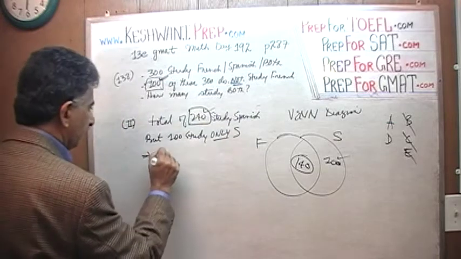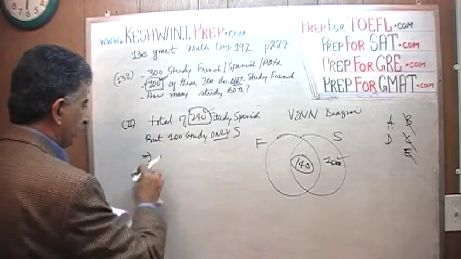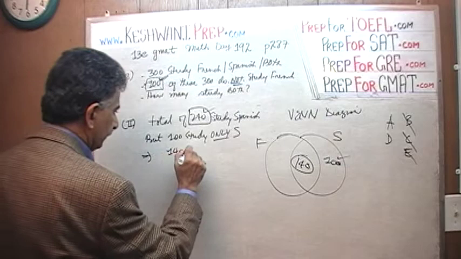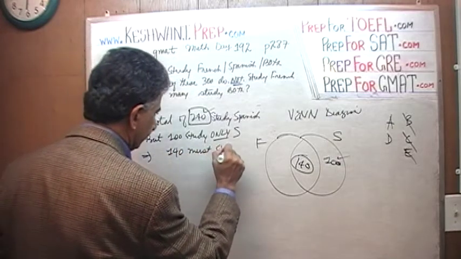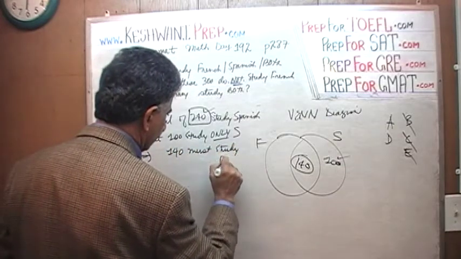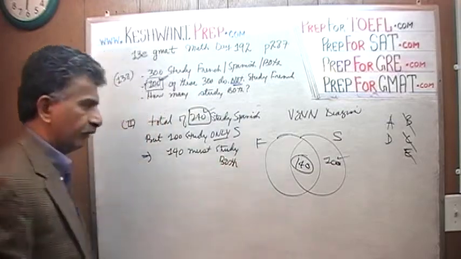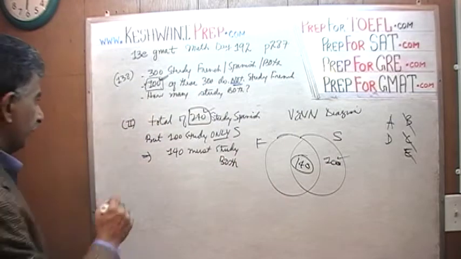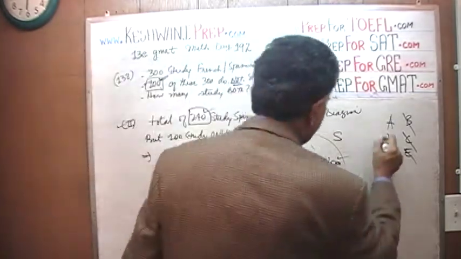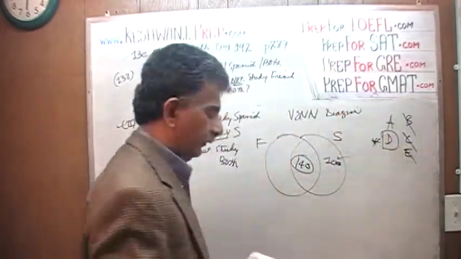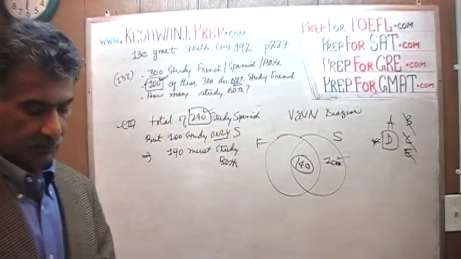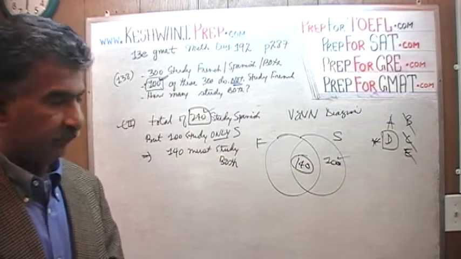That must imply that the remaining 140 must study both. And that's what there is. The second statement also does the job. And therefore the answer is D, because both statements by themselves are sufficient.